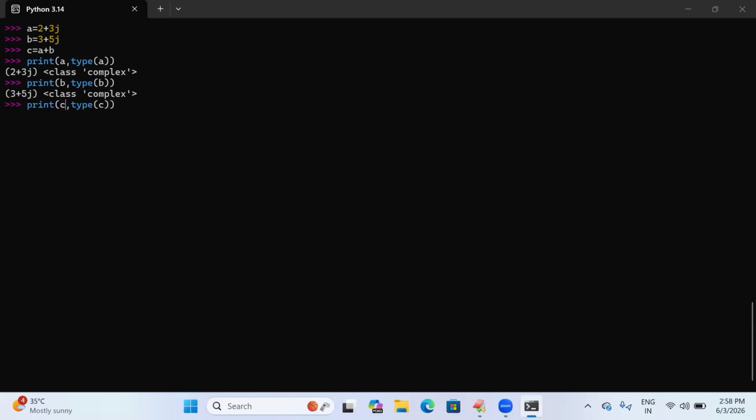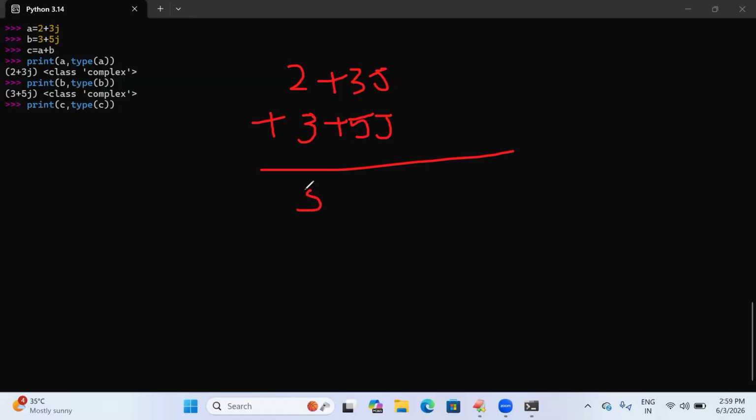Before printing C, how will this addition of two complex numbers be done? We will see here 2 plus 3j, right? Addition 3 plus 5j. So we have to add the imaginary part to the imaginary part and the real part to the real part. So 2 plus 3 is 5, and 3 plus 5 is 8j.